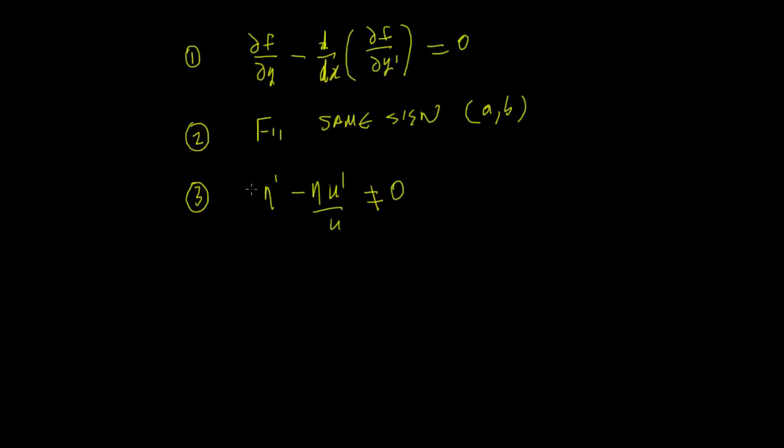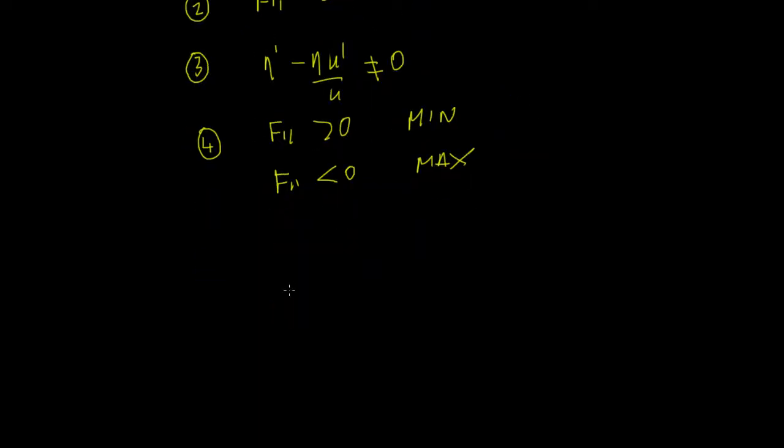We want to simplify it. So if f11 is greater than 0, then the extremum is a minimum, and if f11 is less than 0, the extremum is a maximum. That is the Legendre test.